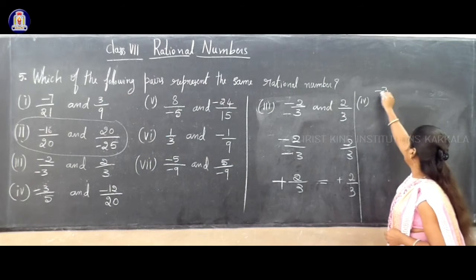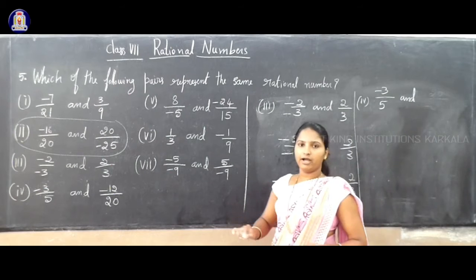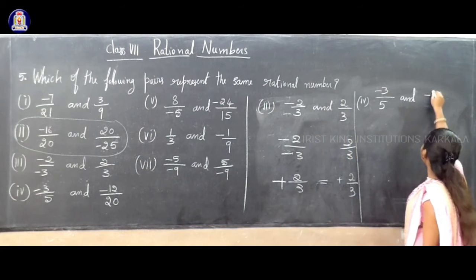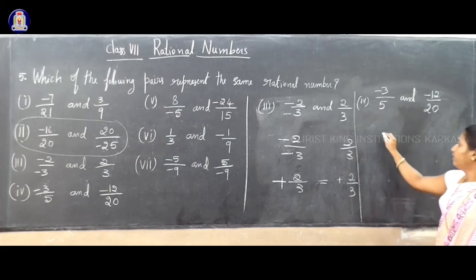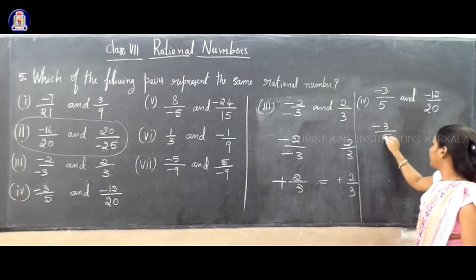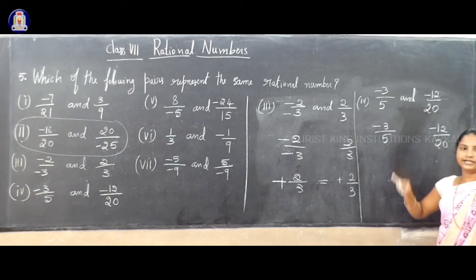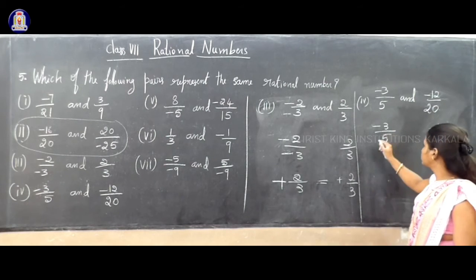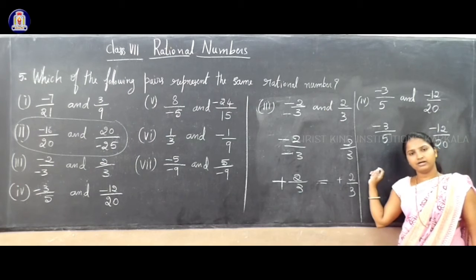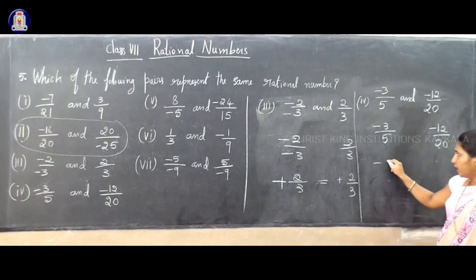So now if you simplify -3 by 5 and one more, -12 by 20. Can you simplify numerator and denominator of 3 by 5? It's not possible, isn't it? Both are prime numbers, 3 is a prime number and 5 is also a prime number. So we cannot simplify this. So write as it is.